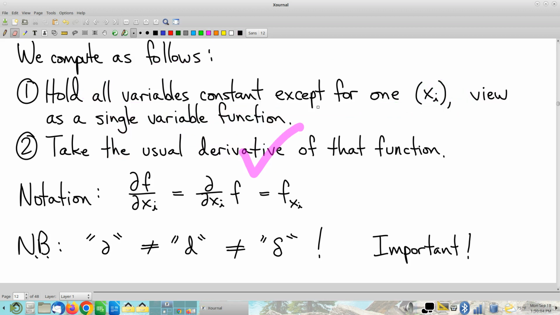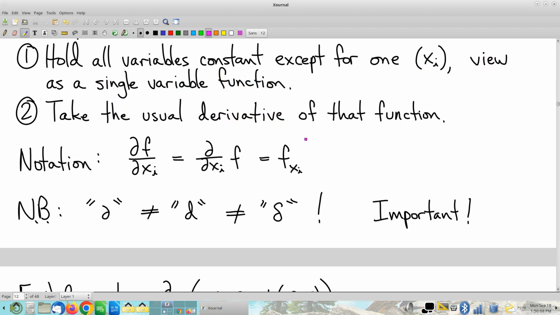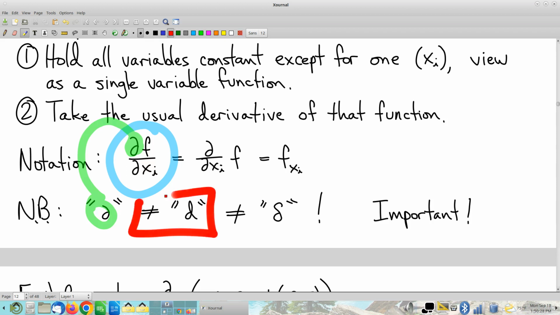A little bit of notation before we do some examples. You'll recognize this sort of notation. It's not exactly what you've seen before, but this looks like Leibniz notation for single variable. The thing I need to draw your attention to is this symbol right there. That symbol is not a D. Very importantly, not a D. This is not optional.